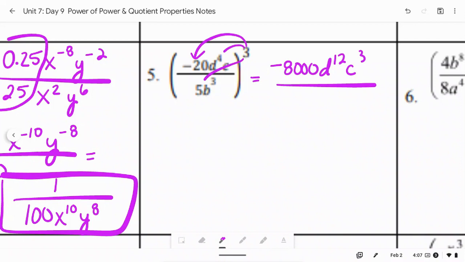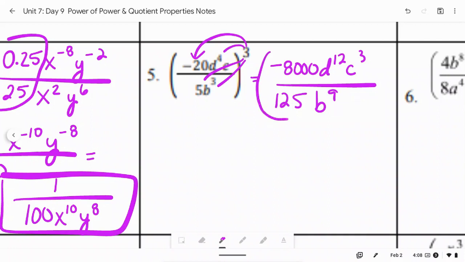So 5 to the 3rd power, when I type that in my calculator, I get 125, and then b to the 15th. Oh, I'm sorry, not b to the 15th. It should be b to the 9th. Oops, 3 times 3 is 9.